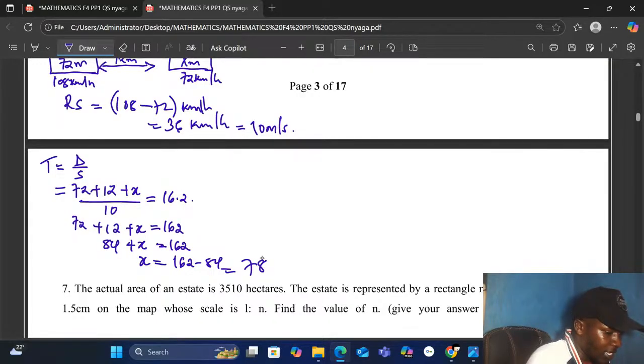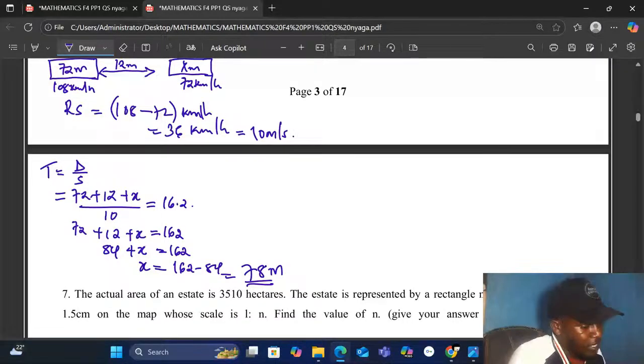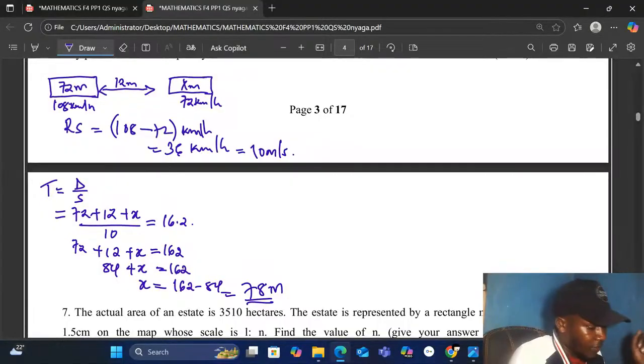But x is now the length of the train. So that means the train is 78 meters long.